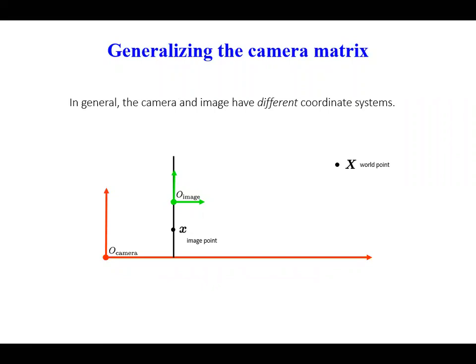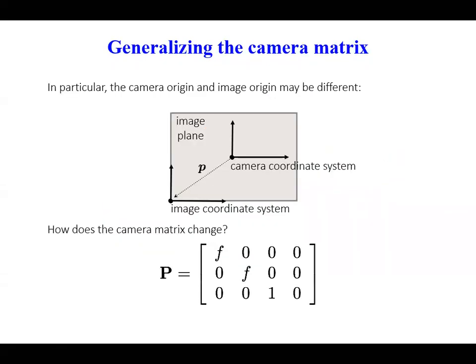So now the camera and the image, of course, have different coordinate systems. I have my camera, I have my image, so it's not the same exact center. I have this point X in the world, and this is my point X, but this X is referred to this origin. It's not referred to this origin, because this is my image plane, but this is my camera coordinates. We need to see how this will affect me. In another sense, this is my image coordinate, this is my camera coordinate.